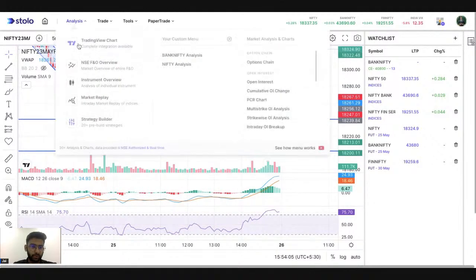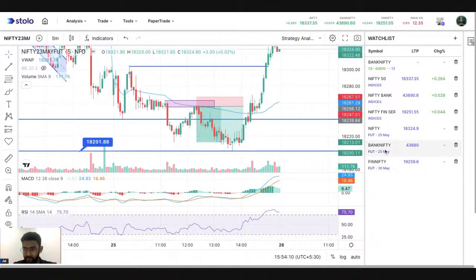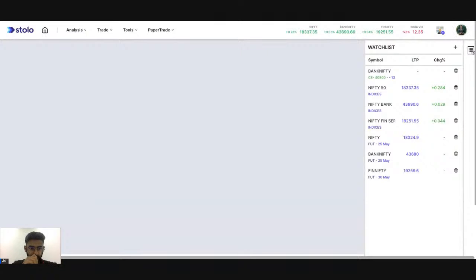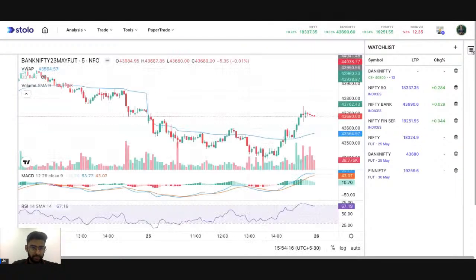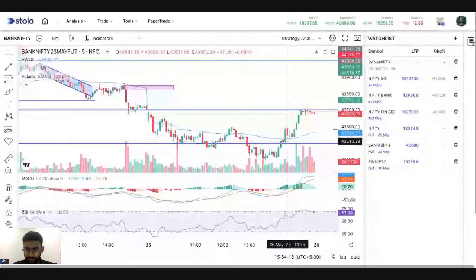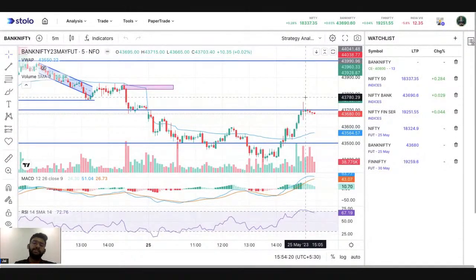Coming quickly to Bank Nifty. So what a very good expiry, right? I think I remember saying in the beginning of May that we would be headed much higher towards the all-time high.